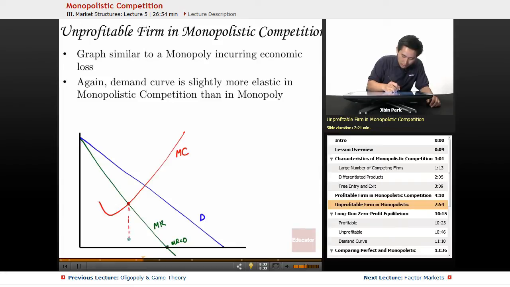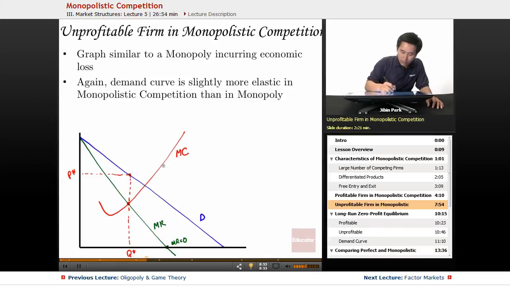The profit maximizing quantity is Q star. The profit maximizing price would be P star. And here, again, the ATC, you're going to intersect the marginal cost and the ATC at the minimum point of the ATC. And it's going to be to the right of the demand curve here.